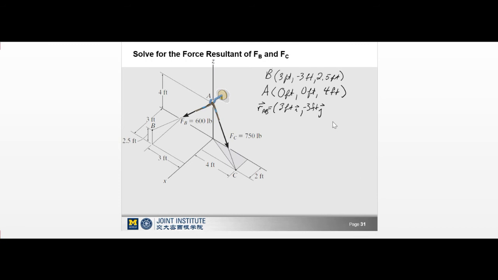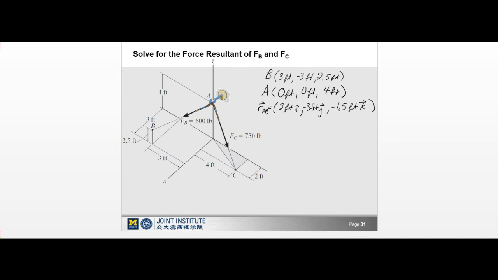So that would be minus 1.5 feet in the K axis. So now this is the direction vector that we're looking for.